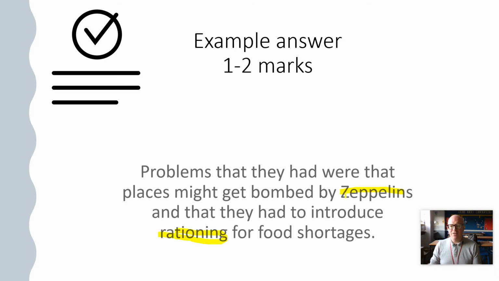So you're going to get 1 or 2 marks for that, probably a couple of marks. Very, very basic stuff. But it's a start, and you've shown you don't have to do very much to get those marks. You've got 2 points, and you've got a tiny bit of knowledge knocked in there as well.